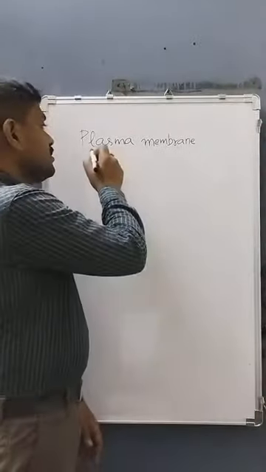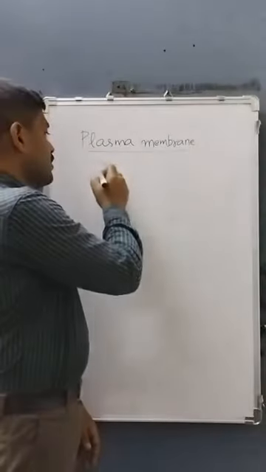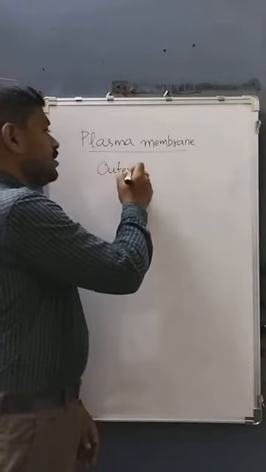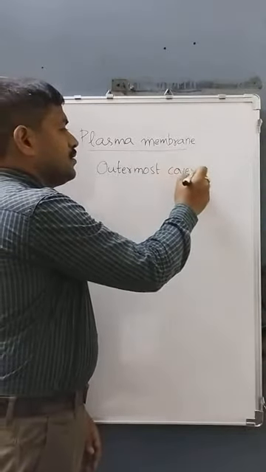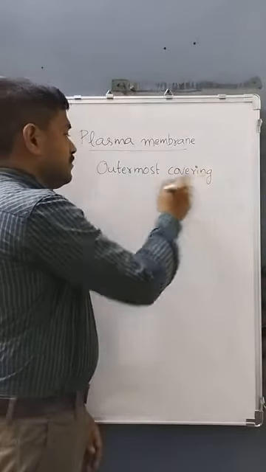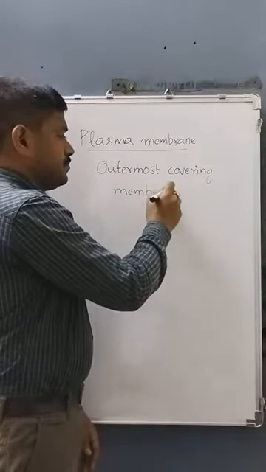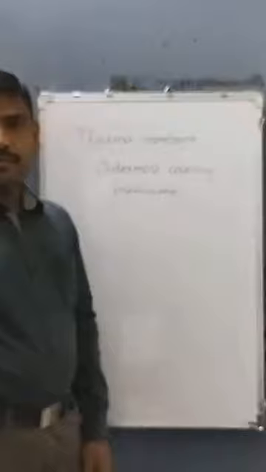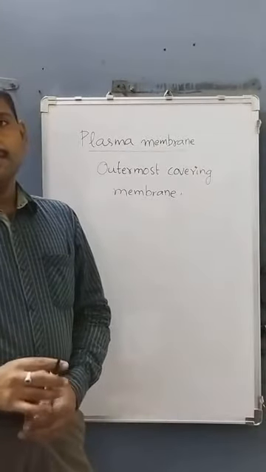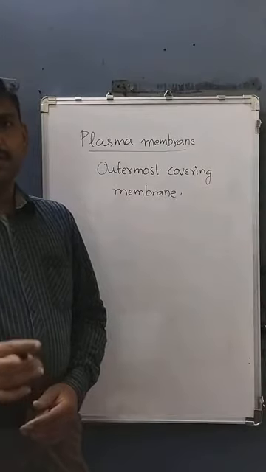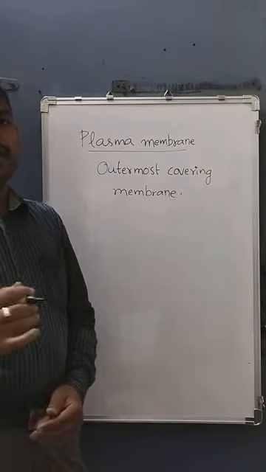Plasma membrane is the outermost covering membrane. It separates the inner cellular contents from its external environment.